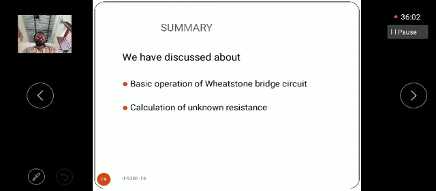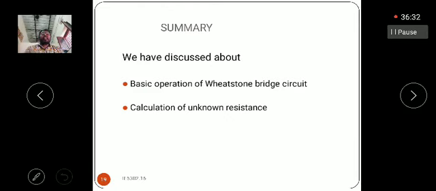When the potential difference across the galvanometer is 0 and the current through the galvanometer is 0, the circuit is balanced. If the current is 0, the circuit is balanced, then using the ratio of the four resistors we easily find the unknown resistance of the bridge circuit.